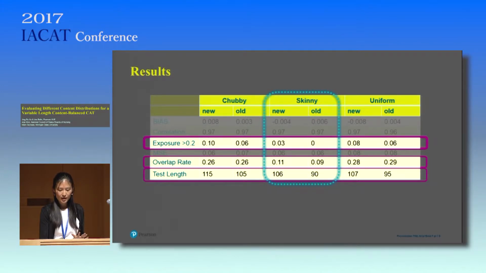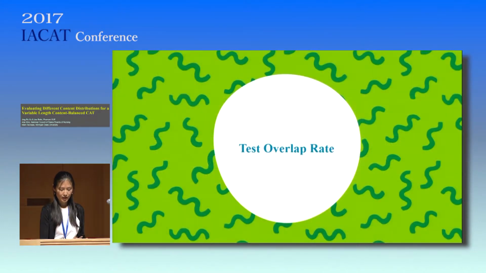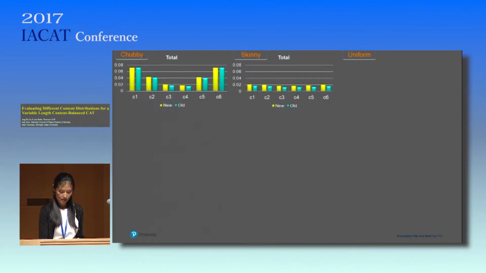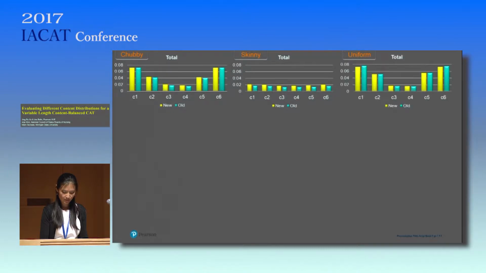So we take a look at the test overlap rate, given the three different pool designs: chubby, skinny, and uniform. Here are the overlap rates for all the examinees. You can find that for the new design, which is the yellow bars, overall it has lower test overlap rate.